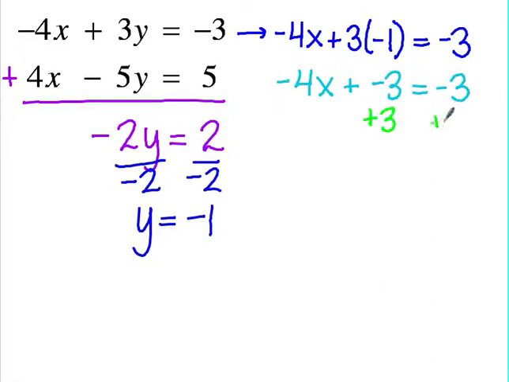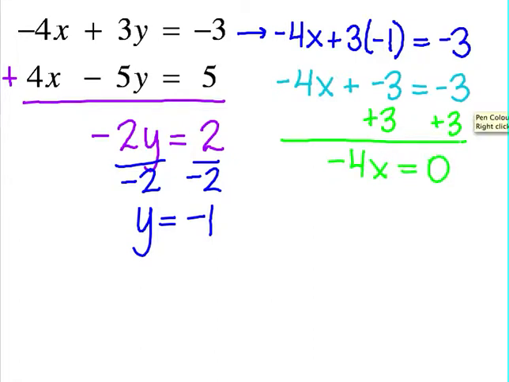Add 3 to both sides. So I get negative 4x to equal what? 0. What do I do now? Divide by negative 4. So what does x equal? 0. So my ordered pair is (0, -1), because remember x always comes first.